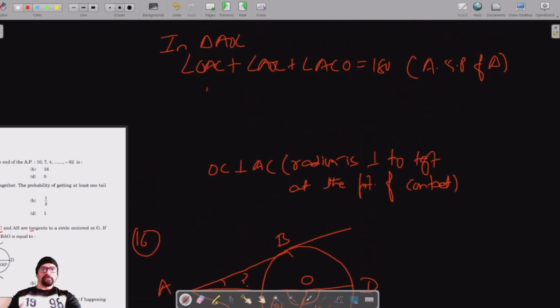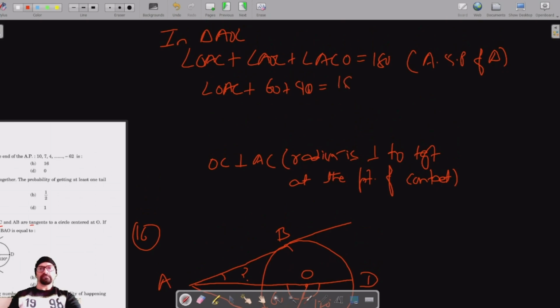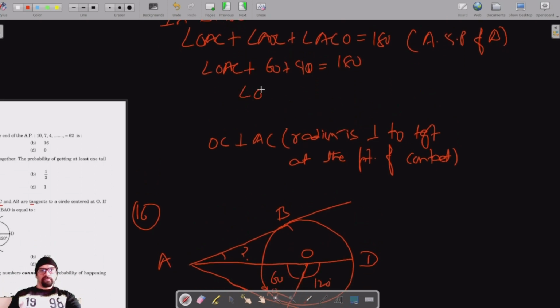Now angle OAC is unknown, the other two are 60 and 90 degrees, which gives us angle OAC is equal to 180 minus 150, which is equal to 30 degrees.